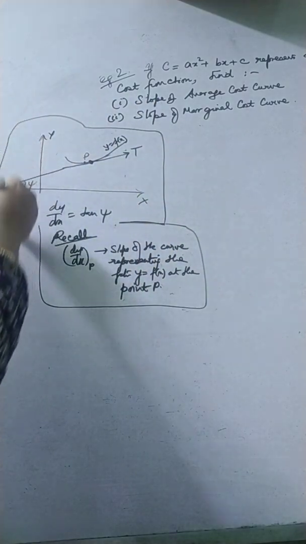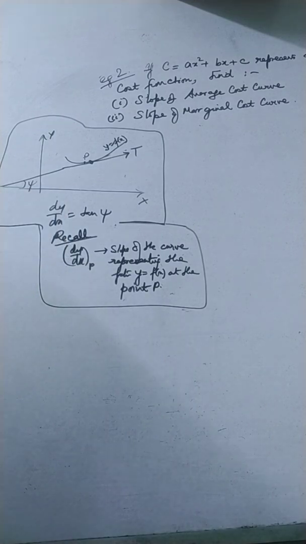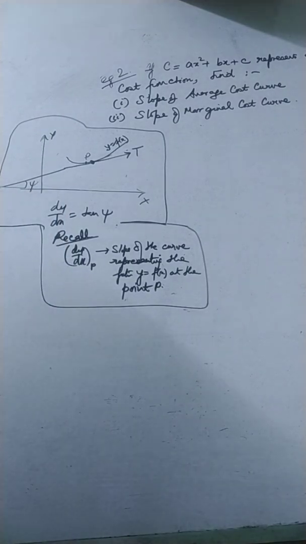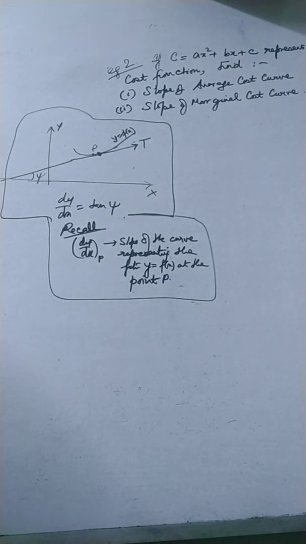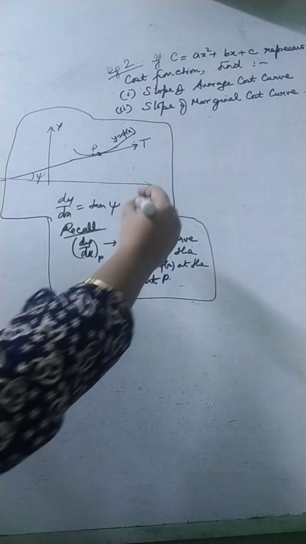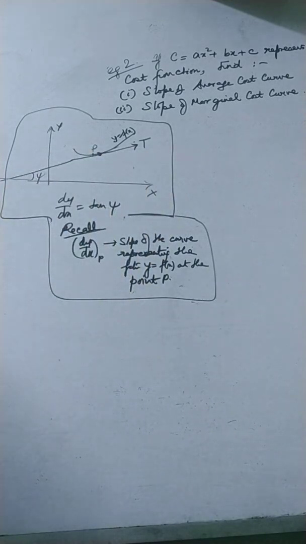This is for reference only. So, recall the fact that dy/dx gives us the slope of the tangent, slope of the curve representing the function at the point P. Whatever, it's the same thing.